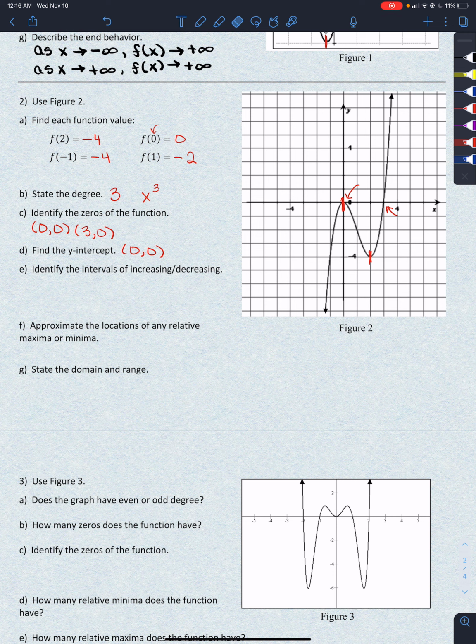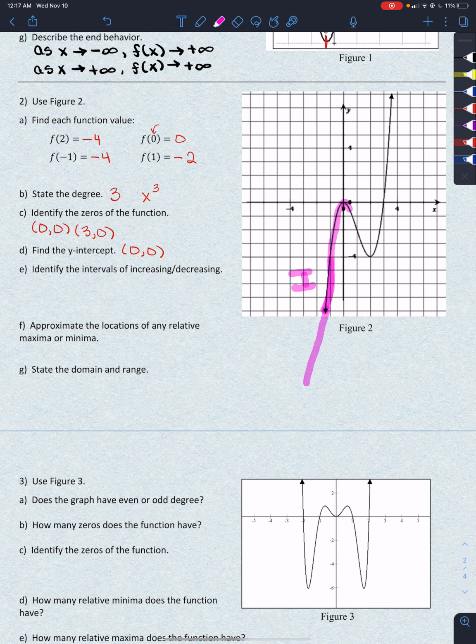Identify the intervals where the graph is increasing and where the graph is decreasing. Okay, so I'm going to go ahead and just look at this and start from the left to the right, because that's how we read a graph. From this point here, so that actually started somewhere at negative infinity, because it really started way down here. So from negative infinity up until that turning point, which is at 0, 0, the graph was increasing.